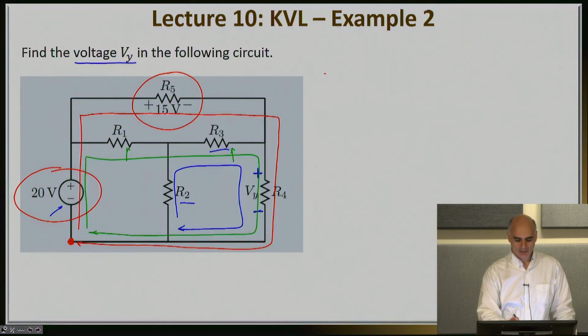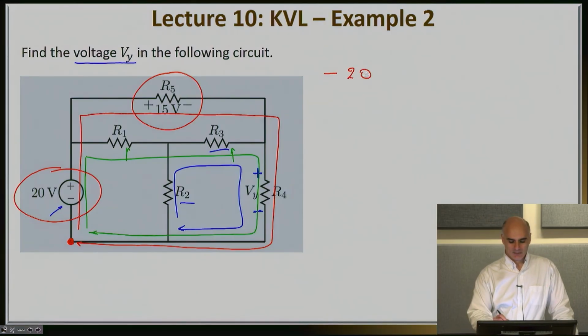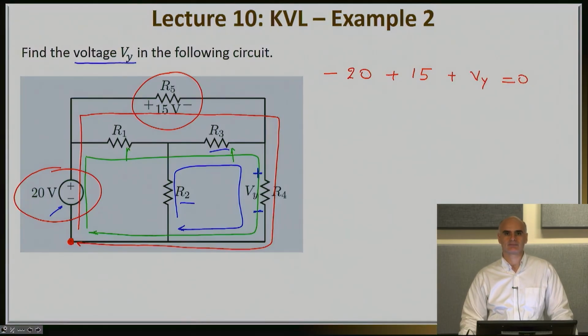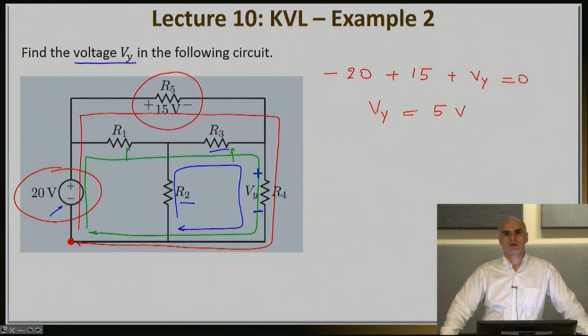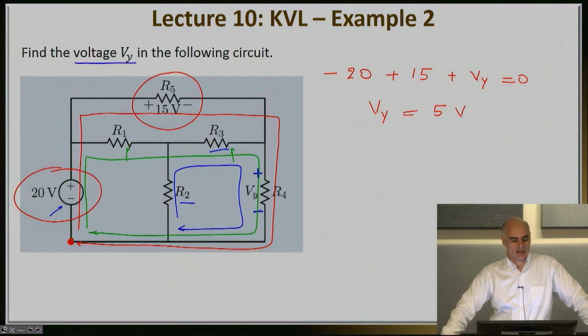So here I will have negative 20, which is the voltage drop I see first, plus 15, which is the voltage drop across R5, plus Vy is equal to 0. So indeed, I have just a single unknown, and so Vy here is going to be equal to just 5 volts. So clearly the numerics here are very easy. You don't have to spend too much time as long as you choose the right path.